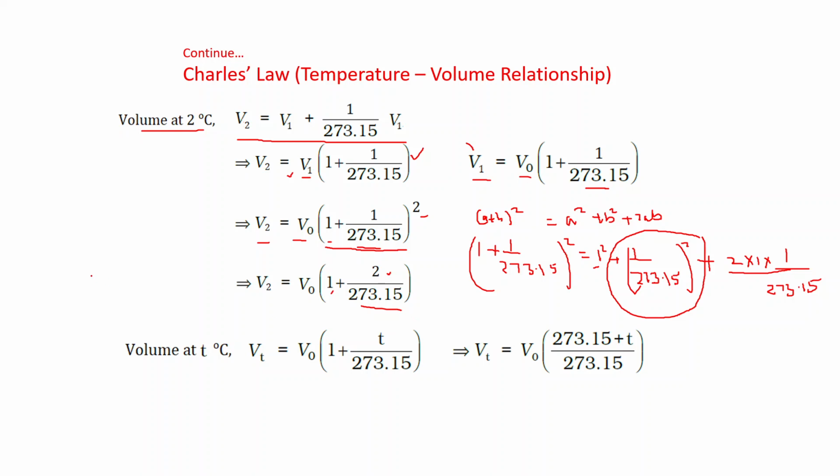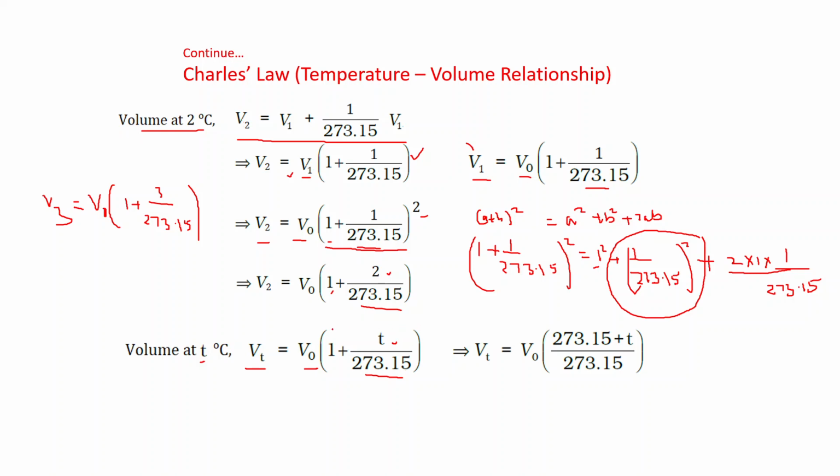In the same way, if we increase the temperature, if the temperature is 3 degrees Celsius, then we can say the volume at 3 degrees Celsius is V3, and this will be written as V0 (1 plus 3/273.15). In the same way, if the temperature increases up to t, then the volume at t degrees Celsius, Vt, is equal to V0 (1 plus t/273.15).